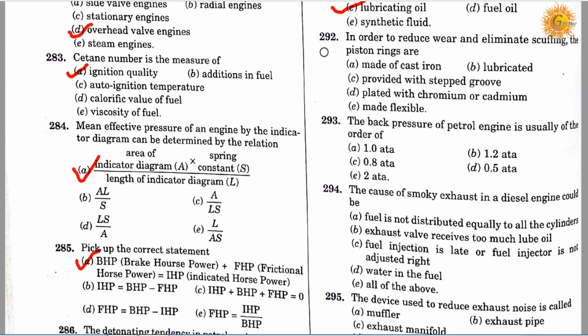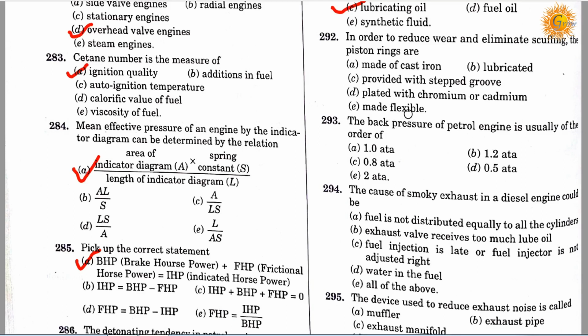Question number 292. In order to reduce wear and eliminate scuffing, the piston rings are: option A, made of cast iron; option B, lubricated; option C, provided with a grooved surface; option D, plated with chromium and cadmium; option E, made flexible.